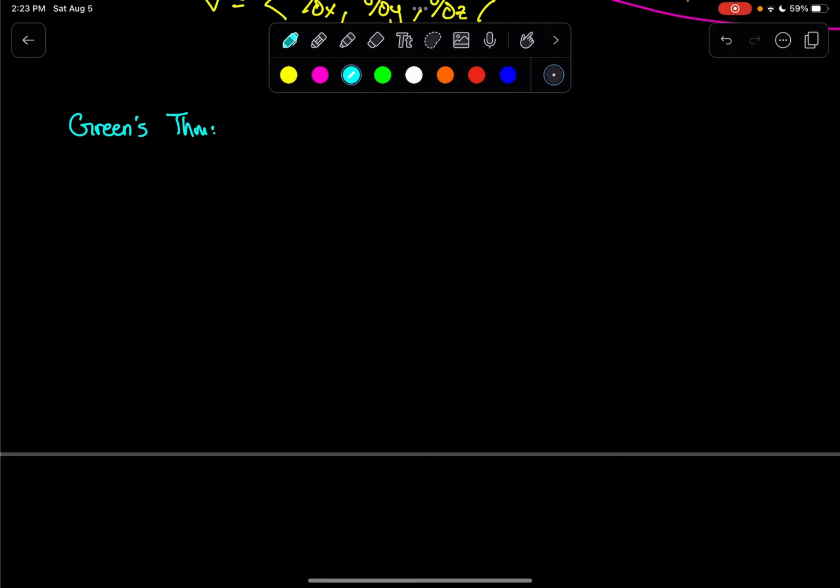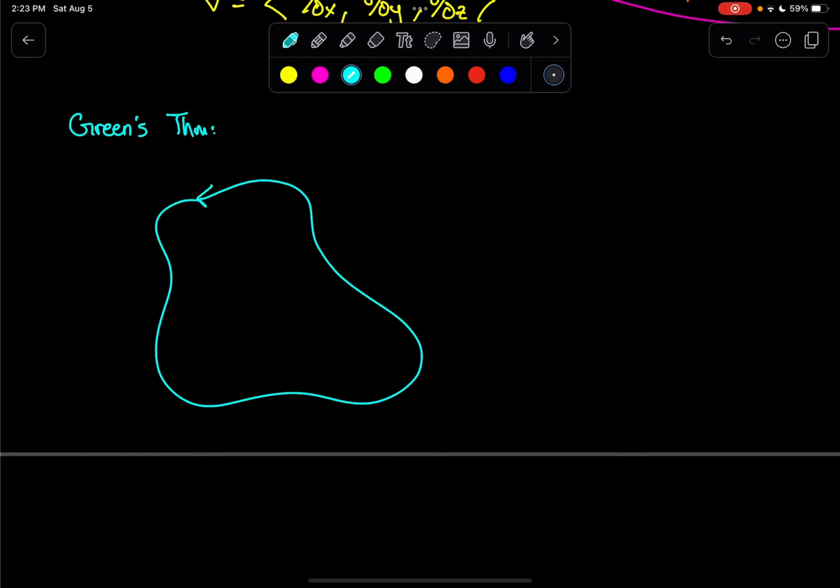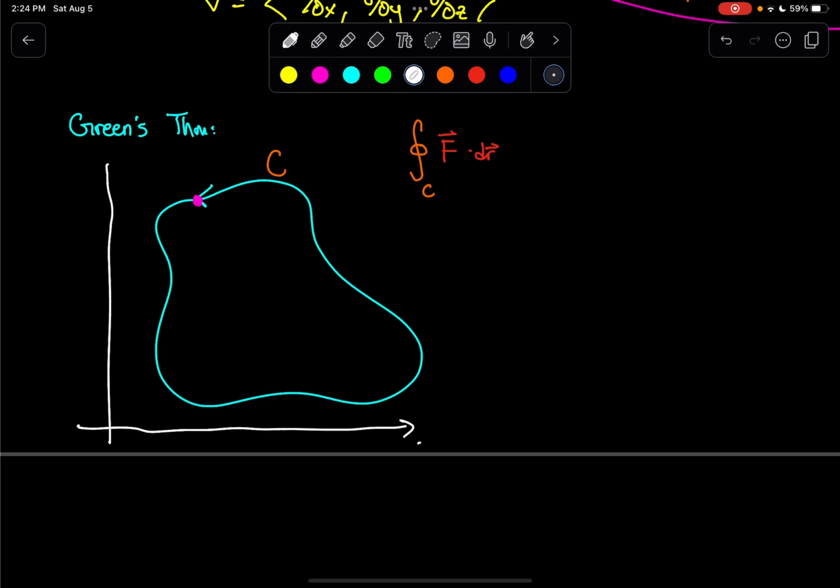I said it at the beginning of this video, but Green's theorem is a way of saying that if we happen to have a closed line integral over some path C, this is the path C, and we're trying to evaluate this vector field over this path, we want to calculate the total amount of work or energy that the fly is giving off as it's zooming around on this path in 2 dimensions. Here's x, and here's y.